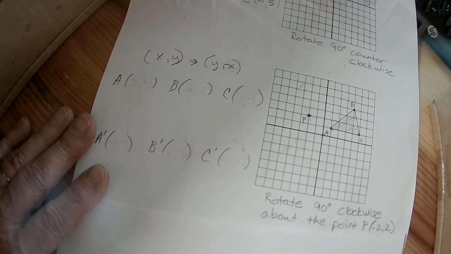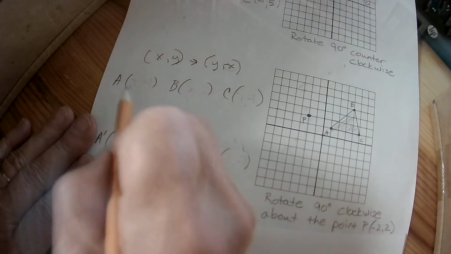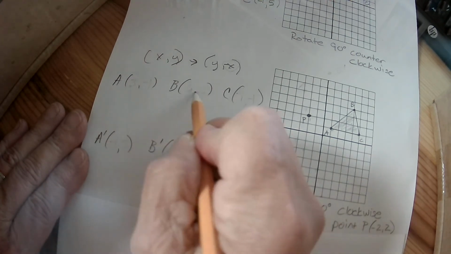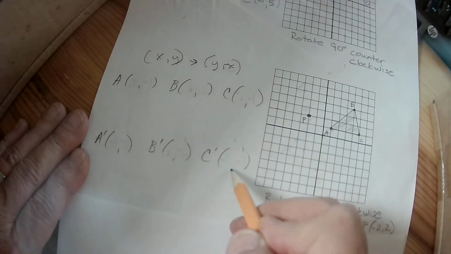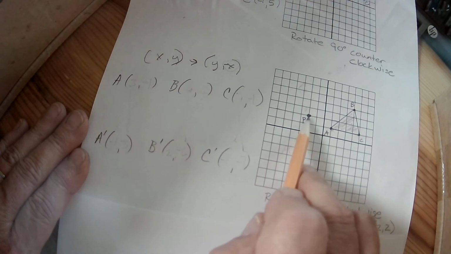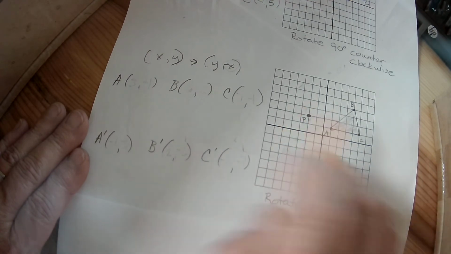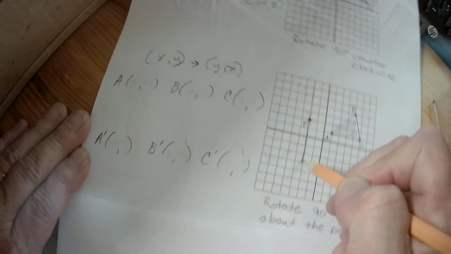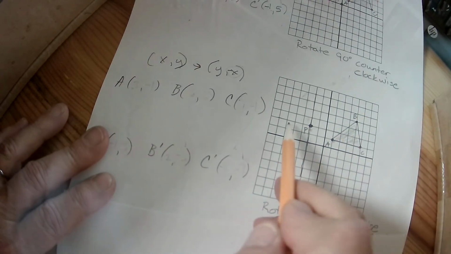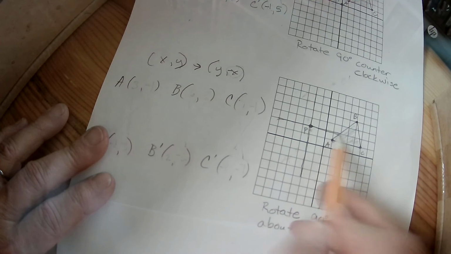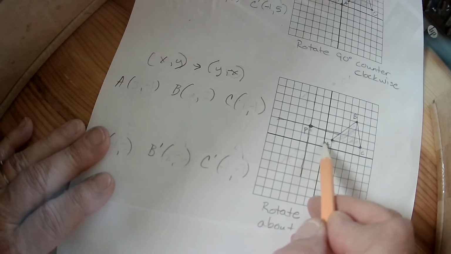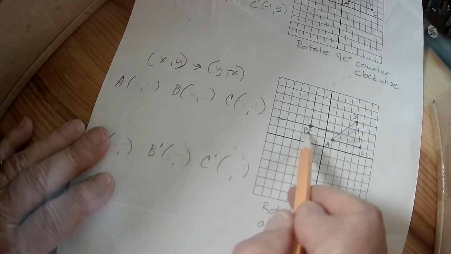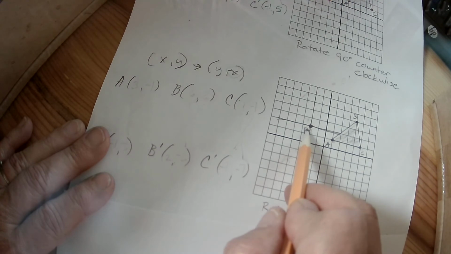The way I learned how to do this, there were a couple of steps, two or three steps, in order to make this happen. But I'm going to show you what I think is an easier way. We're going to pretend that this is now the origin of this coordinate plane. So picture the y-axis is now here, and the x-axis is here, and we're going to write down the coordinates of these points as if this were my new origin.